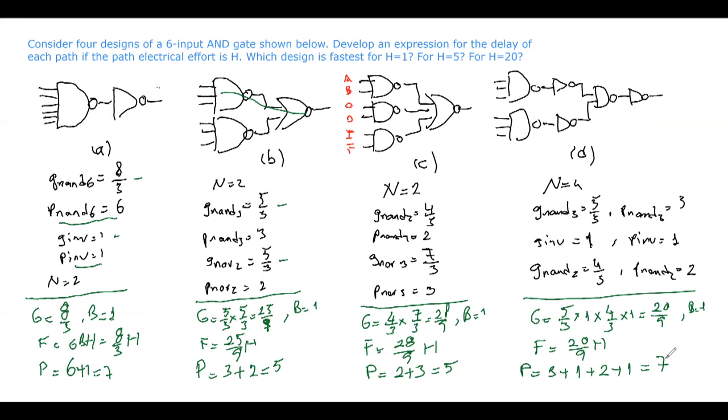And if I were to write down the delay expression for each implementation, D is what? Basically, it is N times F to the power 1 over N, plus P. Let me write down first the expression for this one. In this case, it's going to be 2 times, in parentheses, 8/3.